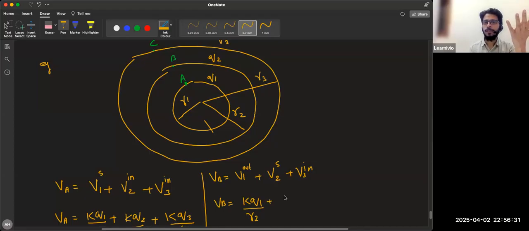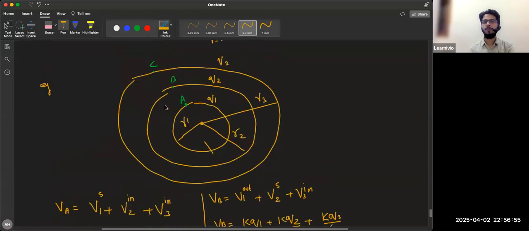V2 is kq2 by r2, its surface. Because when you go outside, the separation is from the center of the sphere to the point. From the center of the first sphere to the point B, the separation is r2. V3 is kq3 divided by r3. Is it clear? Yes, sir.